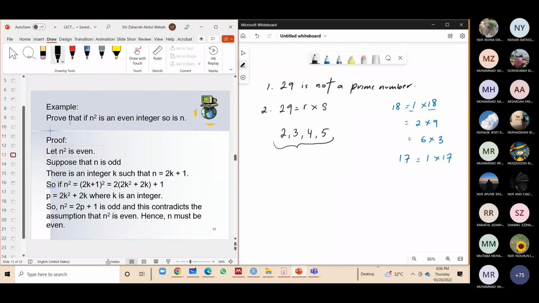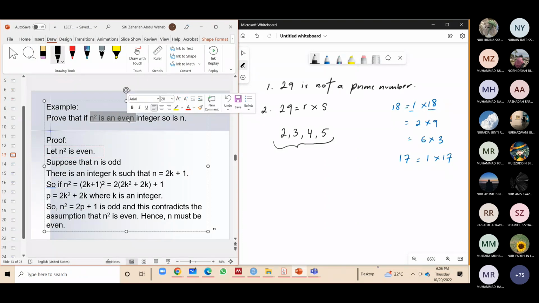Okay, look at this example. Prove that if n square is an even integer, so is n, meaning n square is even and n is also even. So there are two statements here. The first statement is that n square is even, and the second statement is that n is also even.